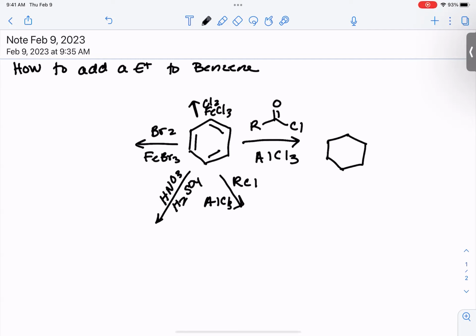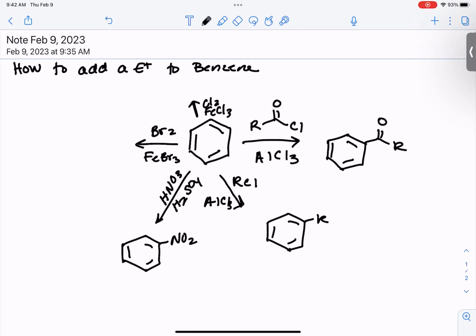All right, so to acylate, you put that R group on with the carbonyl. To alkylate, you just put an R group on. To nitrate, you get a nitro group on.